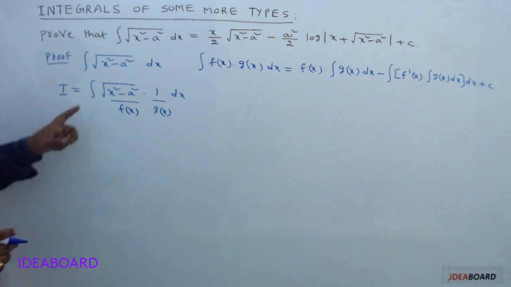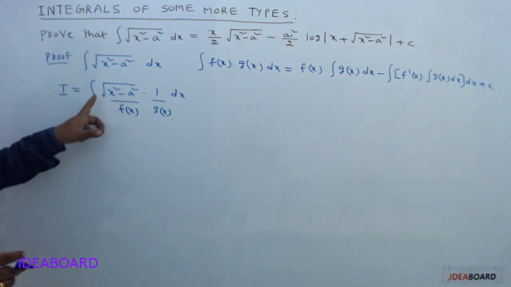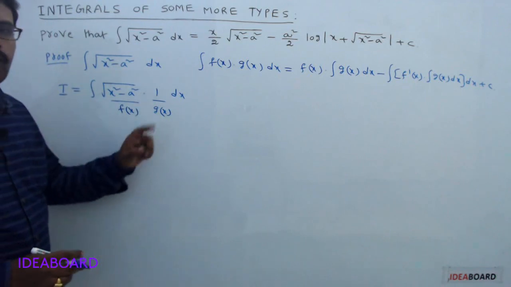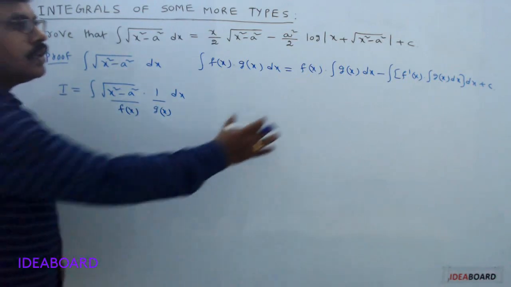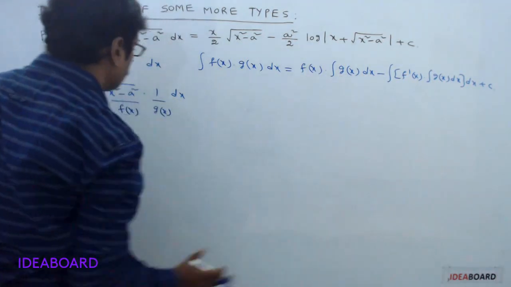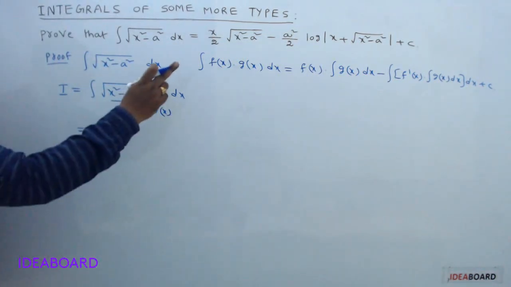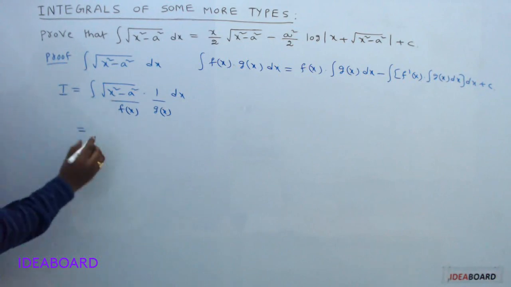Now call this entire value I. I equals the integral of square root of x square minus a square into 1 dx. Now apply the integration by parts formula on this. What is f of x?